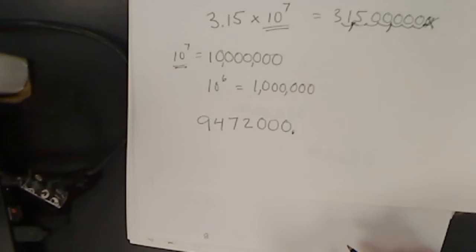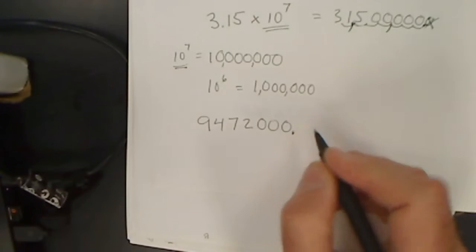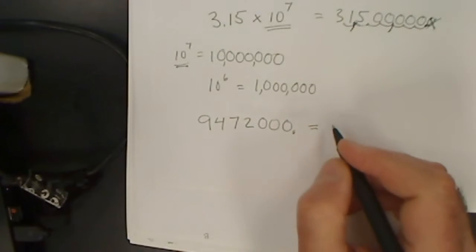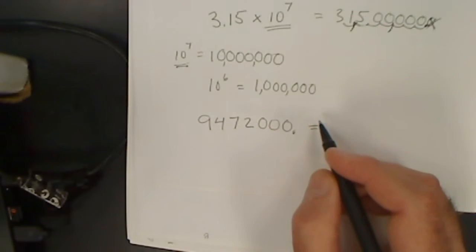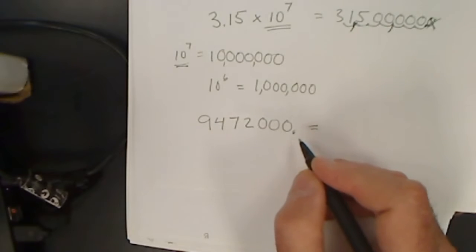I need to do 9047... What is it? Oh no, 947. No. Where is the decimal point when you're finished?